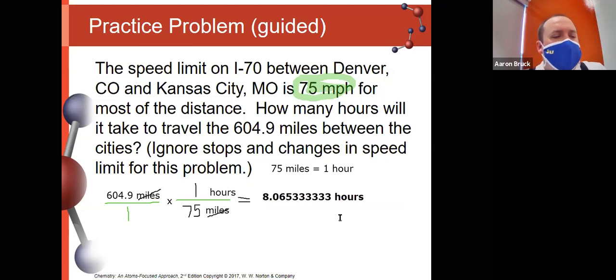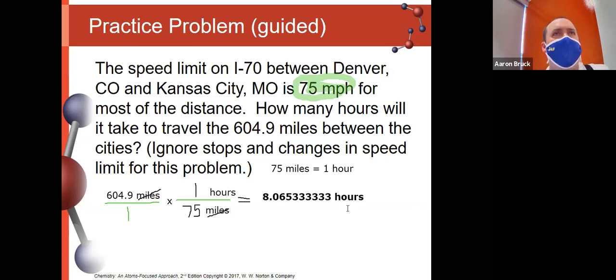Now, given our talk about significant figures, how many significant figures should come out of this calculation? Okay, you're saying 1. Why? Because the miles, I know, four.